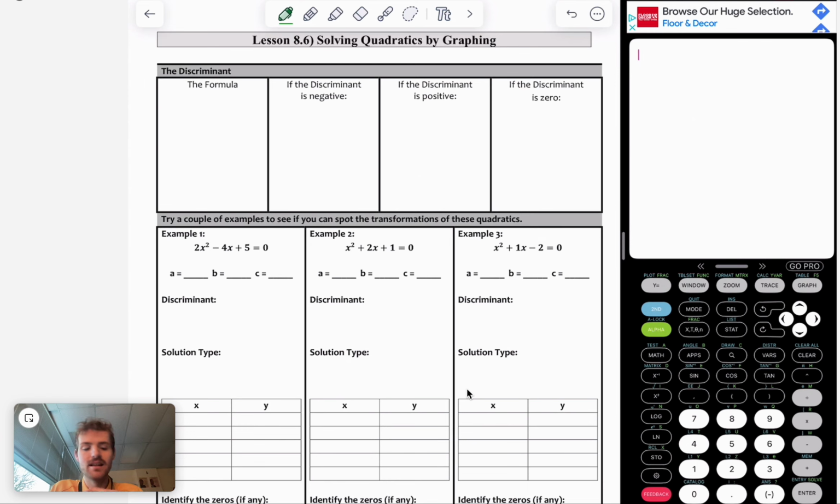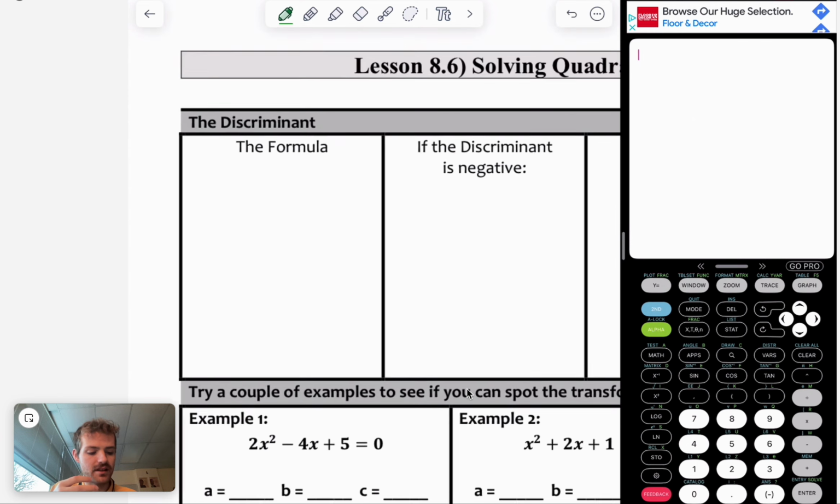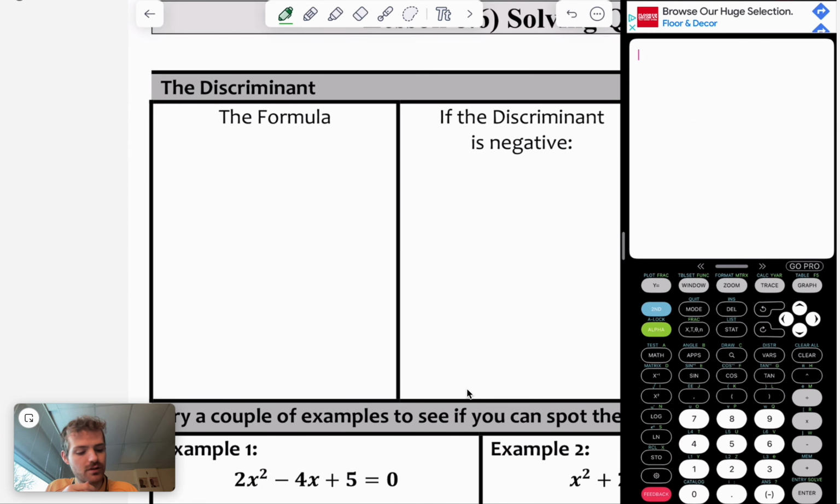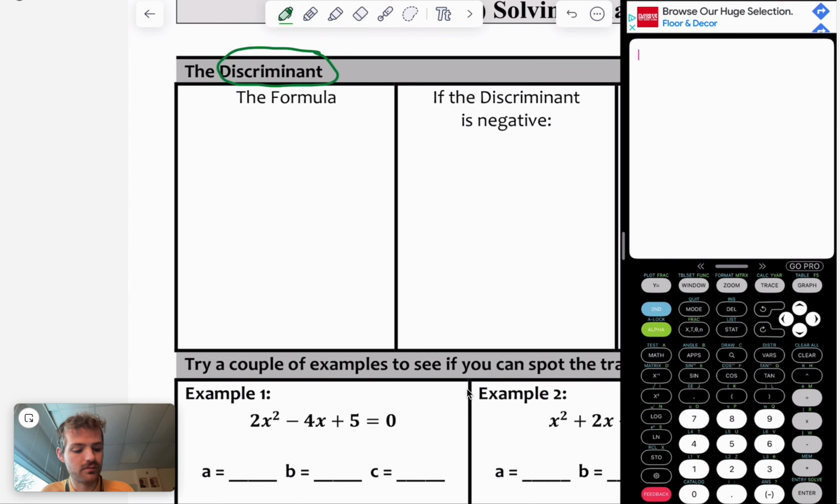This lesson is all about this thing that we call a discriminant. What a discriminant does is it's a really helpful way to quickly tell us how many solutions our quadratic should have. What is the discriminant?